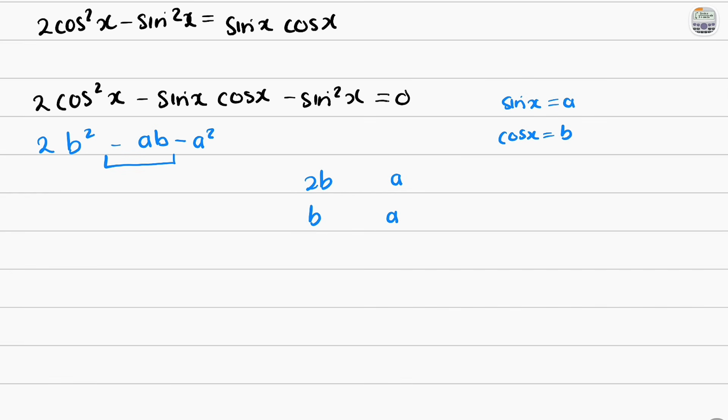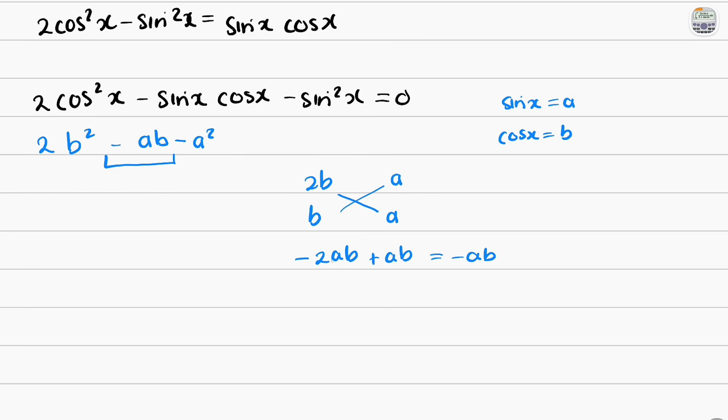So before giving a negative to any one of them, I'm just going to cross multiply first. So 2b times a is 2ab, and b times a is ab. Which should be negative so that you end up with a negative ab? You should give the negative to the 2ab, because negative 2ab plus ab gives you negative ab.